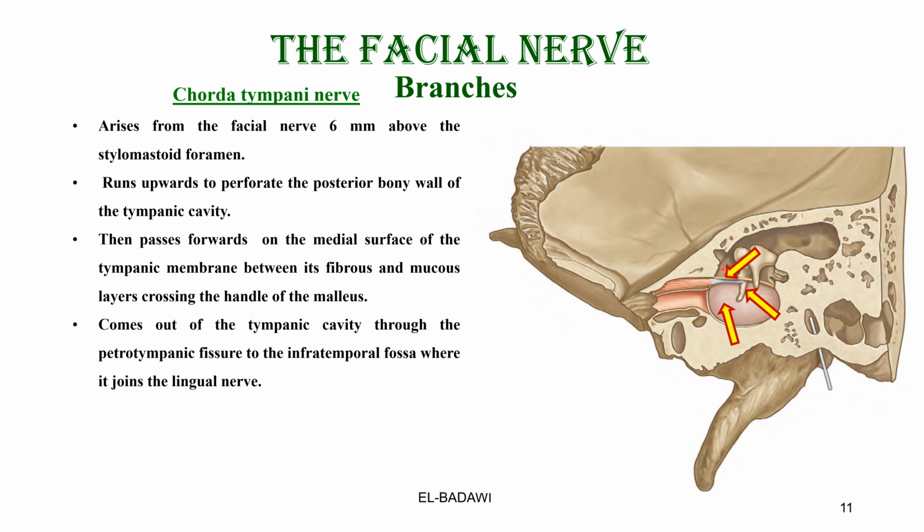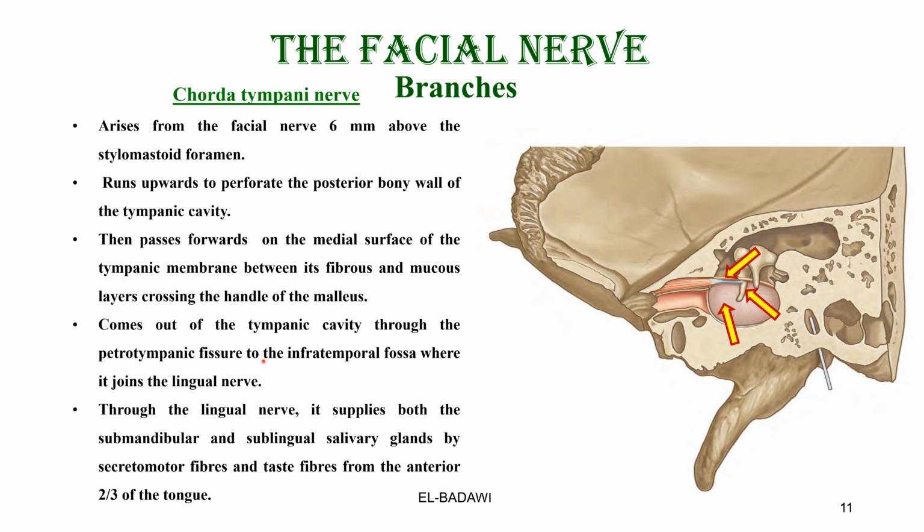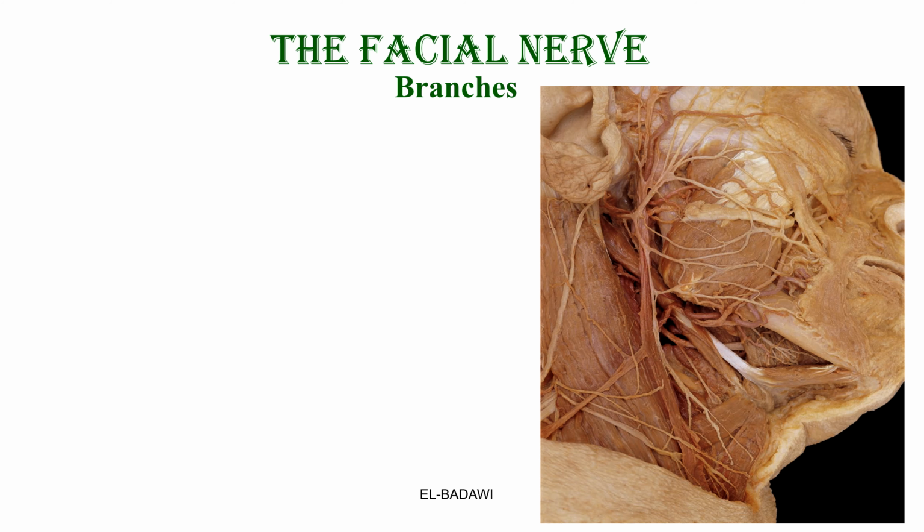The posterior canaliculus is actually in the angle between the lateral wall and the posterior wall, and the anterior canaliculus is in the anterior wall of the middle ear cavity, coming out through the petrotympanic fissure to the infratemporal fossa to join the lingual nerve. Through the lingual nerve, it supplies both the submandibular and sublingual salivary glands and carries taste fibers from the anterior two-thirds of the tongue. That is the chorda tympani.